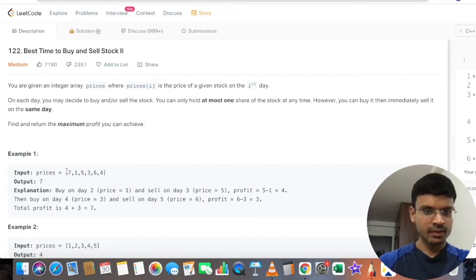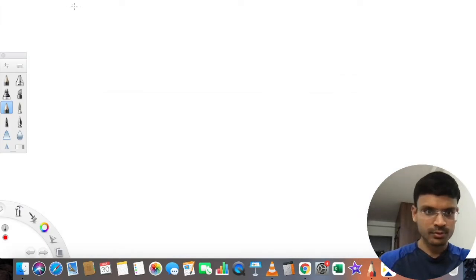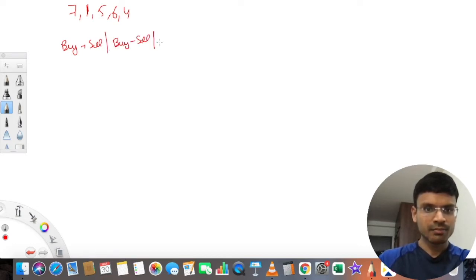So this is the given array 7, 1, 5, 3, 6, 4. Let me draw this array. We can buy a stock, then sell a stock, then again buy this stock and then sell this stock, and we can keep on iterating over this basically loop.